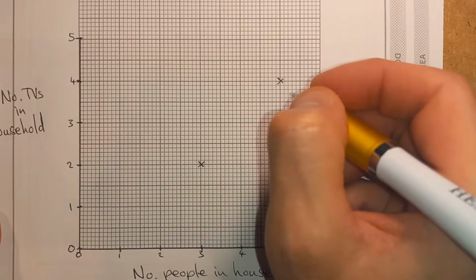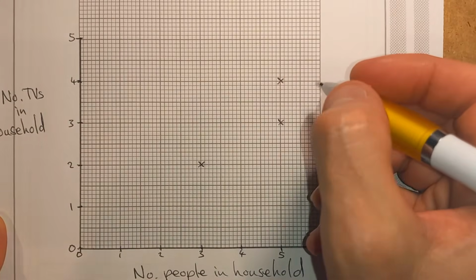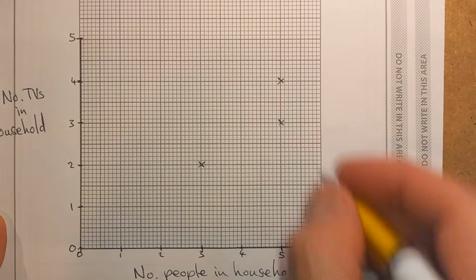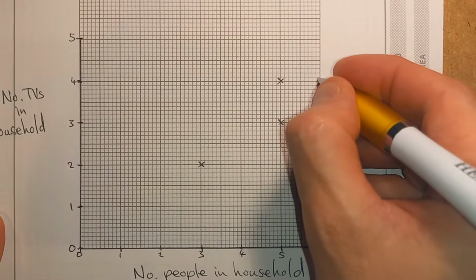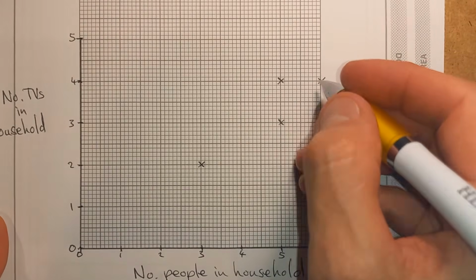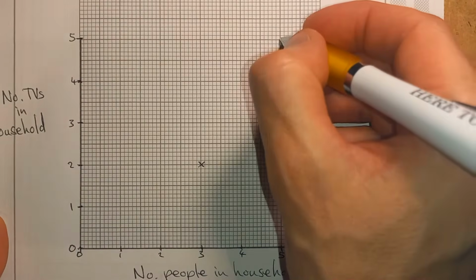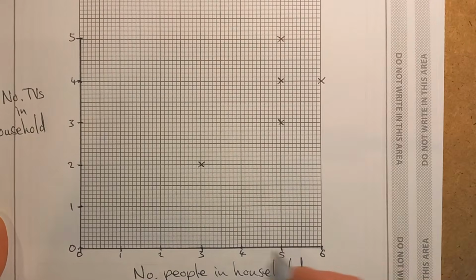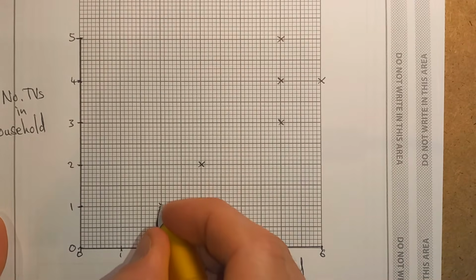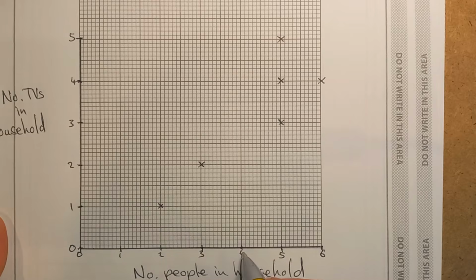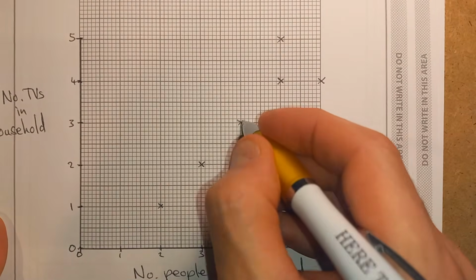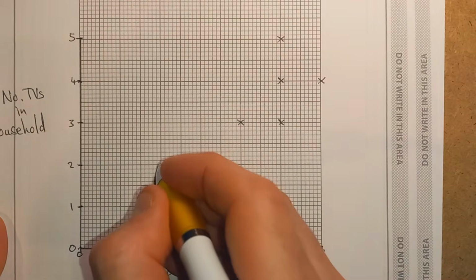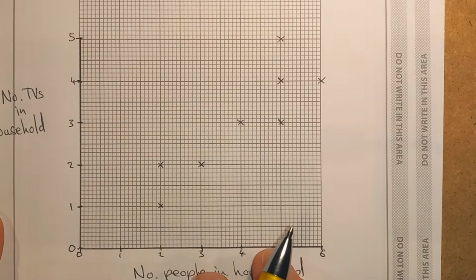Now I'm not going to keep moving it up and down. The next one we had was 6 people in the household and 4 TVs. So 6 and 4. Then we had 5 in the household with 5 TVs. 2 in the household with 1 TV. 4 in the household with 3 TVs, and we had 2 in the household with 2 TVs.